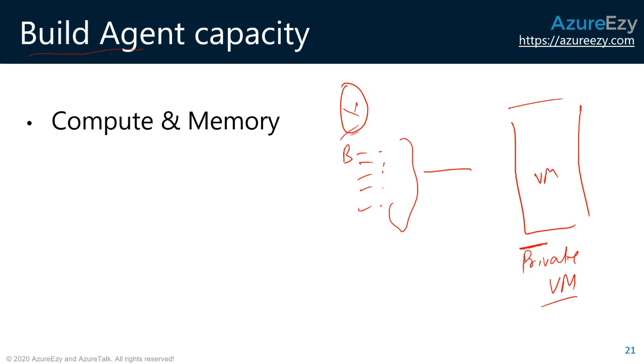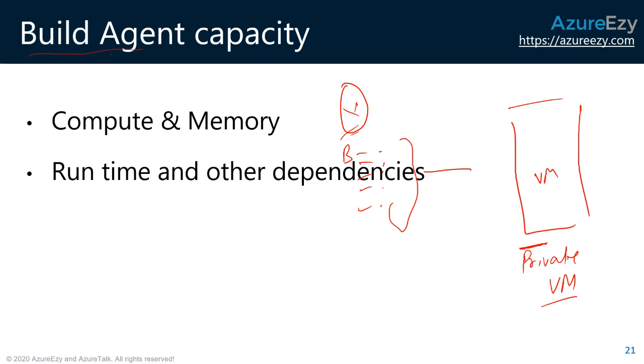And if you are just using it to run a build which is going to utilize just one vCPU or less, and less than 1 GB or 2 GB RAM, then all of those extra resources available with your build agent are wasted, and you are paying for it. So from both the cost point of view and the optimization point of view, you should look at build agent capacity, the first thing.